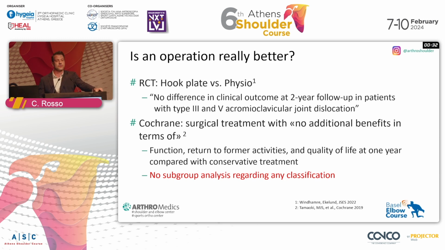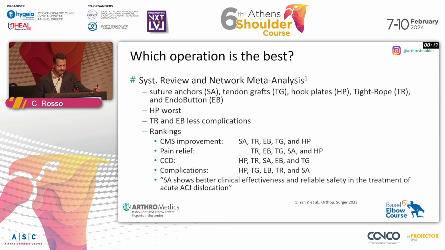However, they did not do any subgroup analysis. So this is just overall all AC joints. And I think, at least when you publish something in a Cochrane review, you should be more precise regarding the Rockwood classification.